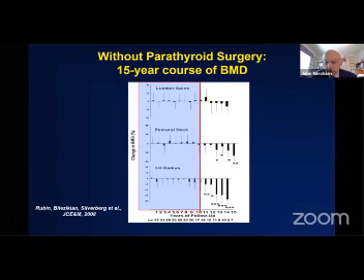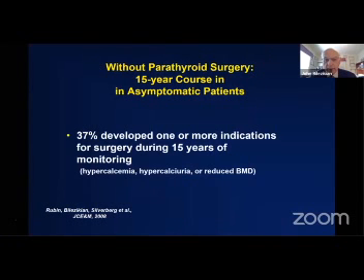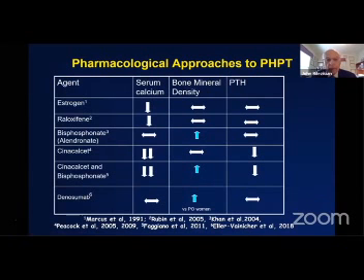But we were interested to note that the next 5 years of our prospective study was associated with reductions of bone density at the femoral neck and more profoundly at the distal third radius, which gives us reason to be cautious about very long-term conservative management of asymptomatic hyperparathyroidism. In our experience, about 40% of our patients over those 15 years developed one or more indications for parathyroid surgery.